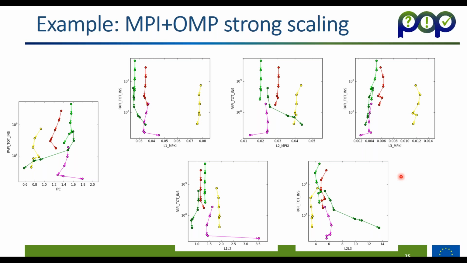In this case, it is cache related. This increase of L1 misses, the speculation may be, well, this is an MPI plus OpenMP, this may be related to false sharing effects, and then, having a hypothesis, one would have to find out whether with the available hardware counters this is a hypothesis that can be validated, or we need additional hardware counters.